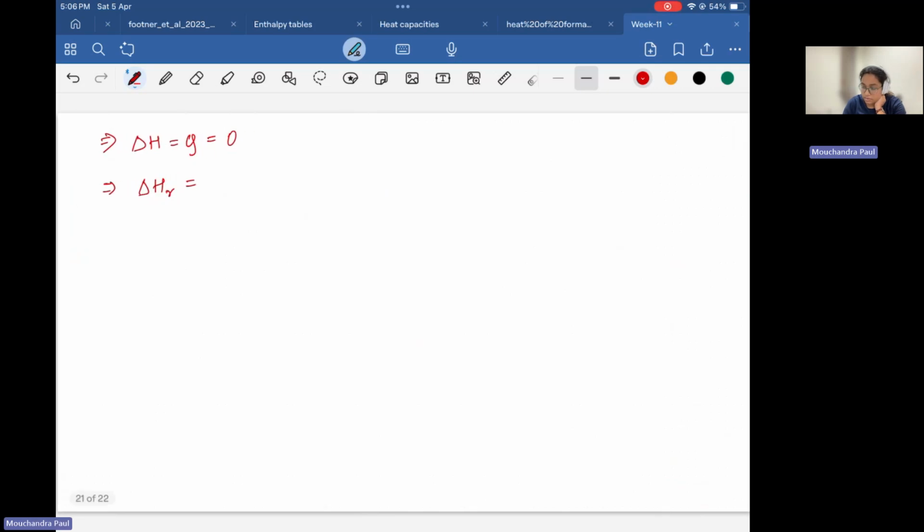So delta HR is basically the product side minus reactants, all right, plus the extent of the reaction times, under standard condition, the heat of the reaction. So first, let's calculate the extent of the reaction.